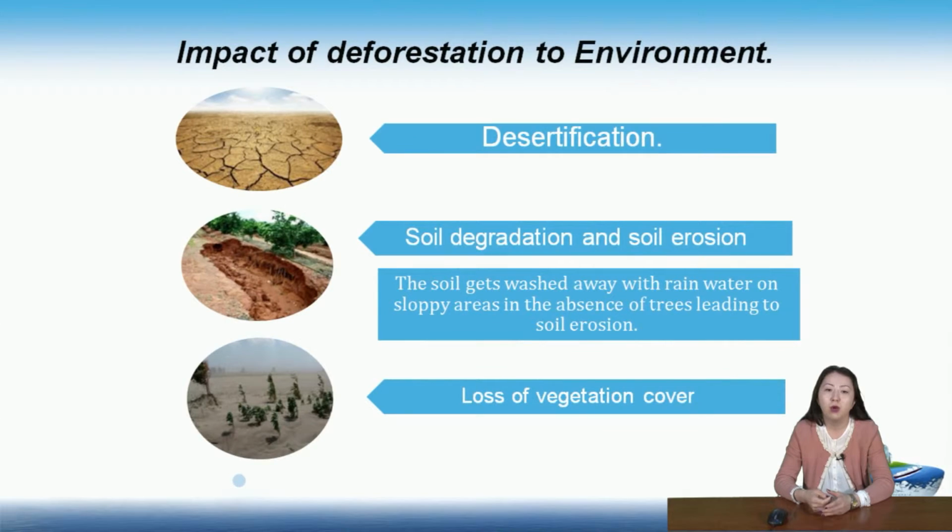The soil gets washed away with rainwater on supply areas in the absence of trees, leading to soil erosion. And third, loss of vegetation cover.